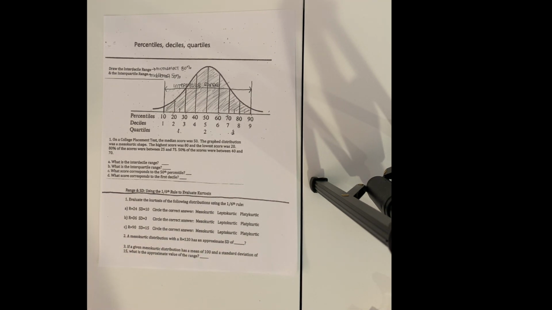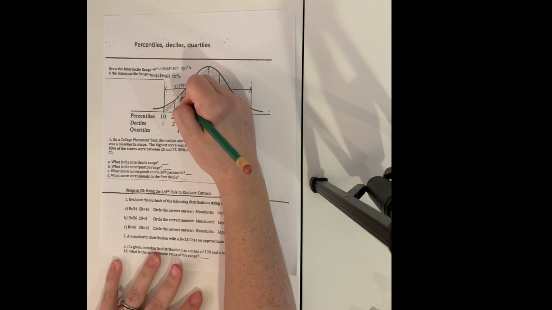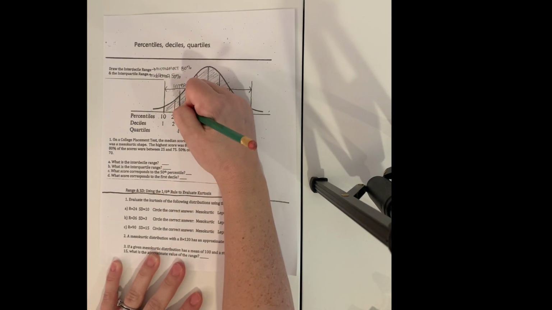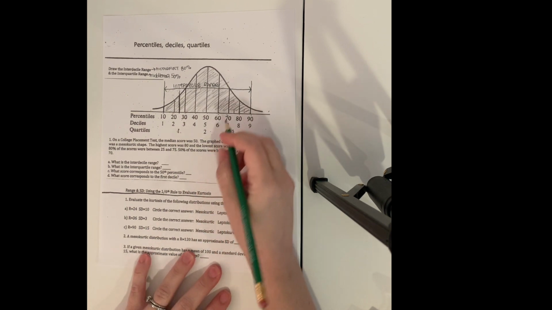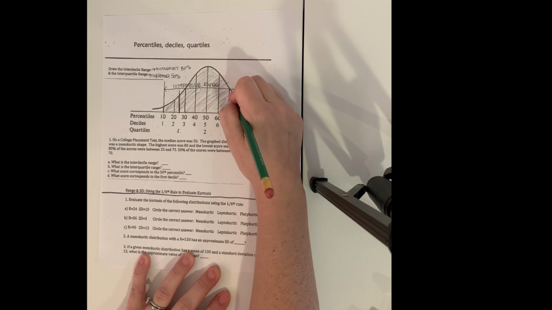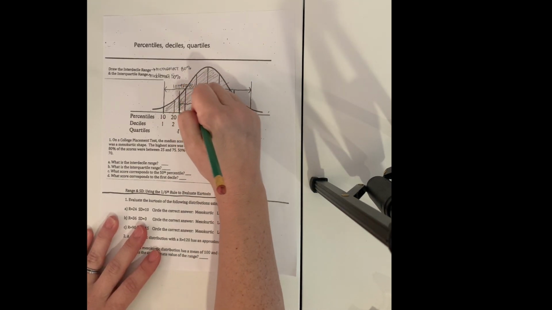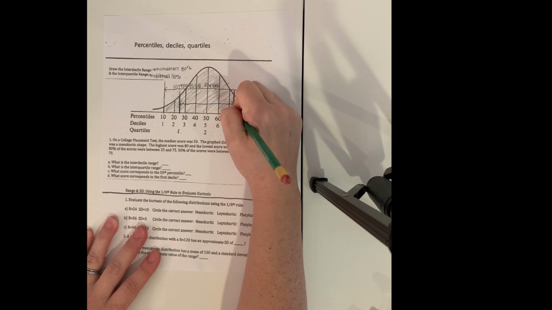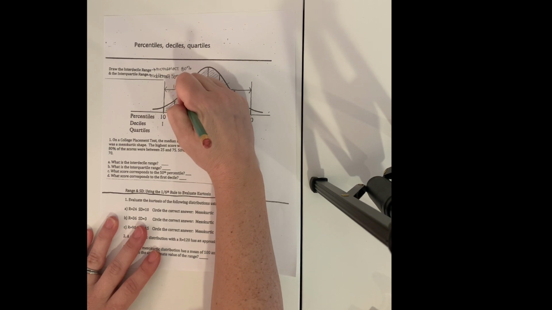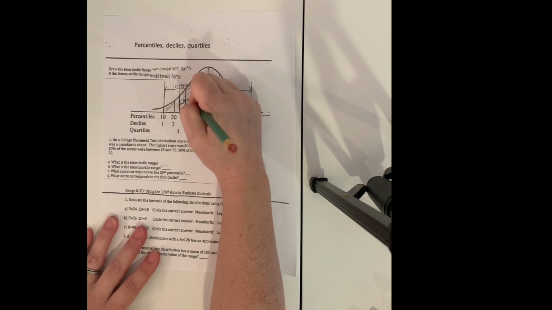So the middlemost 50% of the curve is going to be from here at the 25 to the 75. Okay, so let me draw a line to symbolize that. And this is going to be my interquartile range.